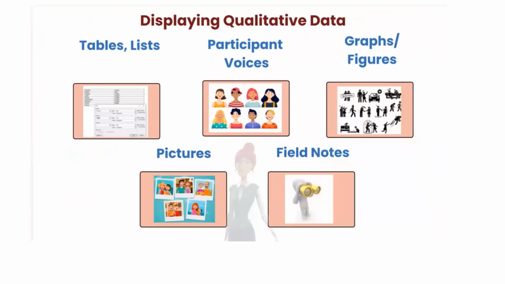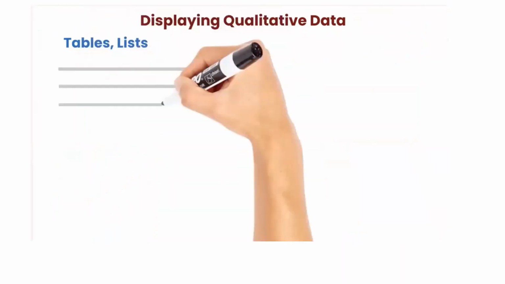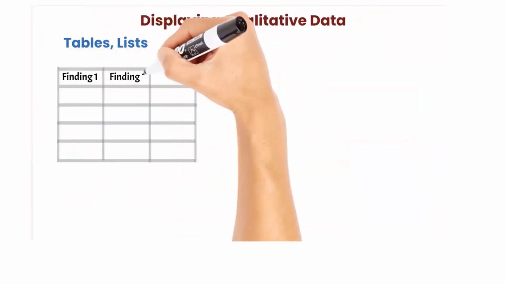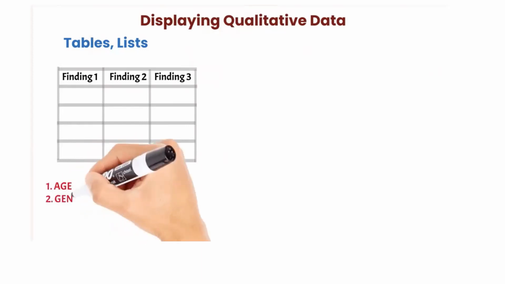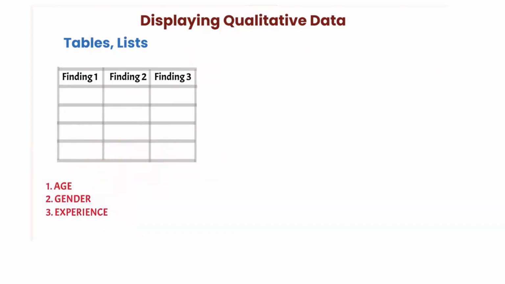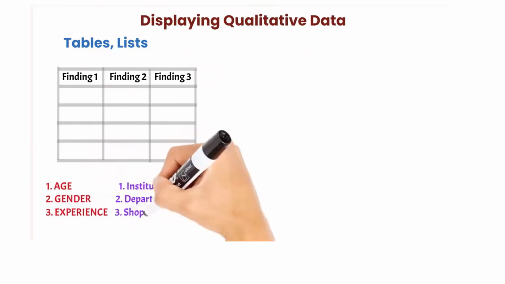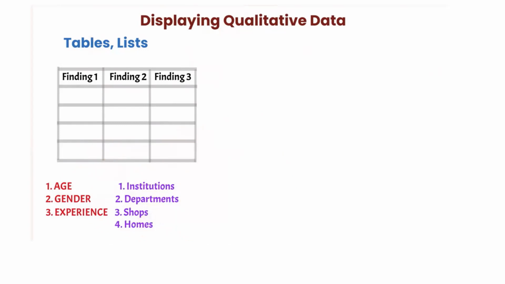Number 1 is through tables and lists. You can place a summary of findings in rows or columns. You can make a table or list of respondents' demographics such as age, gender, experience. You can provide a list of institutions, departments, shops, homes visited for data collection purposes.